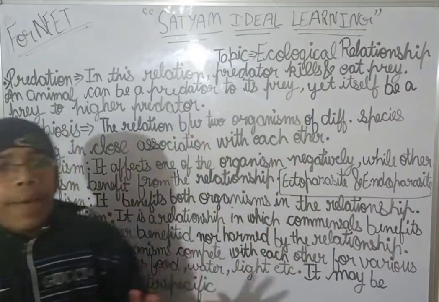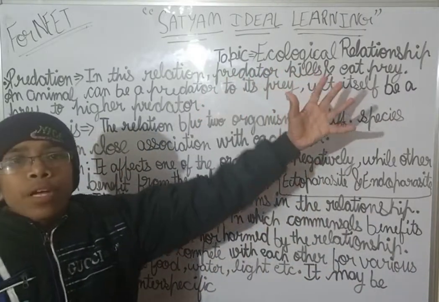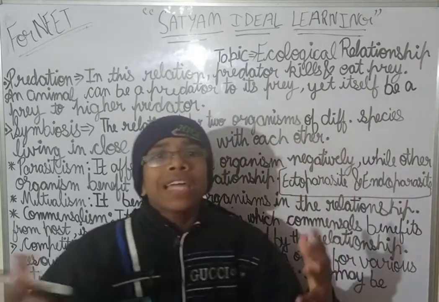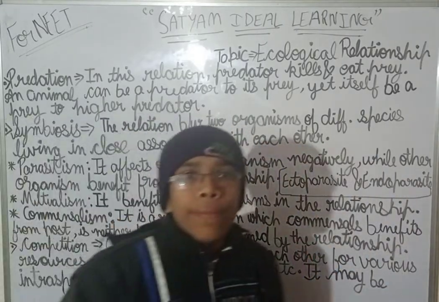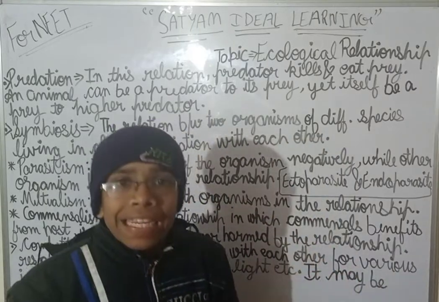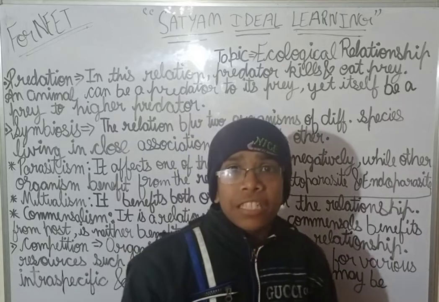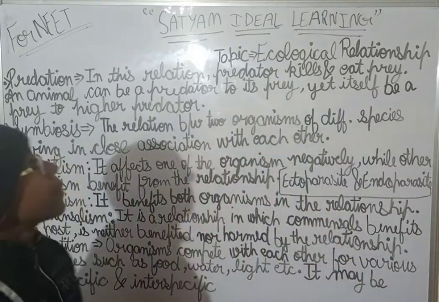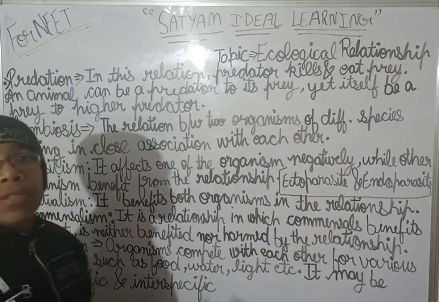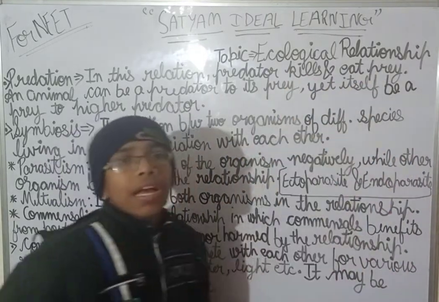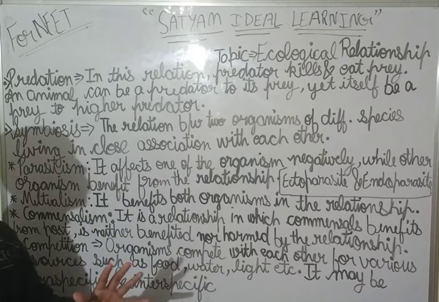Organisms form certain relationships because they are dependent on other organisms for food, shelter. The relationships formed by organisms with other organisms are called ecological relationship. I think this must be clear to all of you.